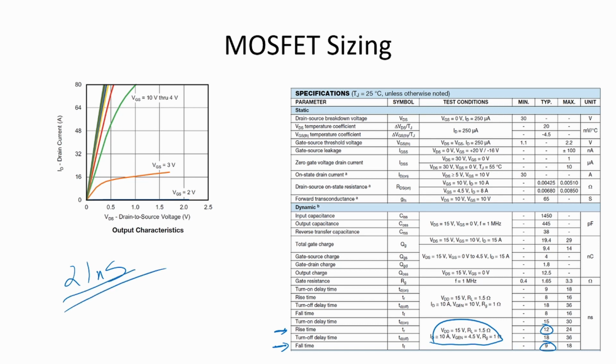And we're going to use that value in our efficiency calculation. If we had a slightly greater generator for a gate to source, it changes a little bit. And this was based on a drain current of 10 amps. We're at 2 amps, so it's going to be even less than 21 nanoseconds. By how much? Probably won't matter too much in our design, at least for our efficiency calculations. So that's the sizing of the MOSFET.